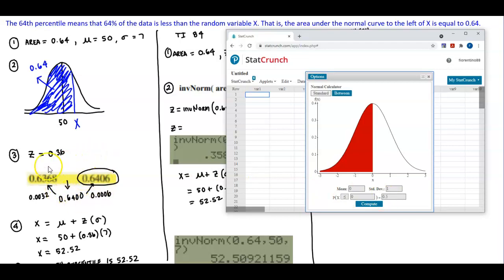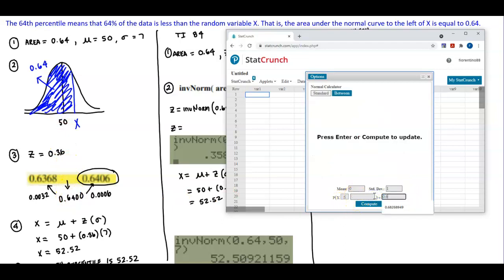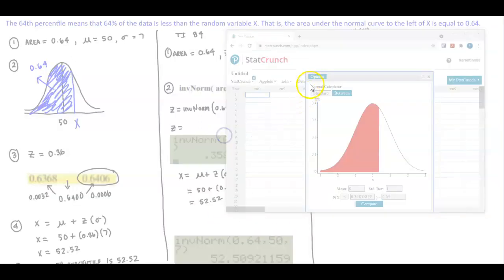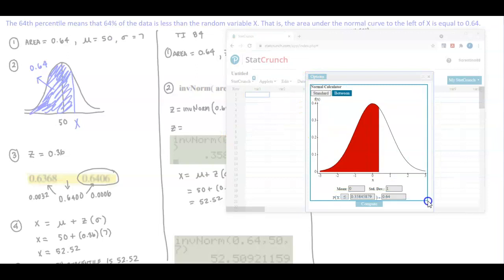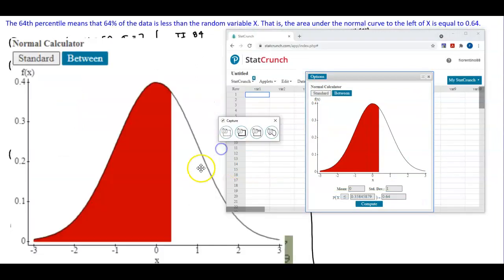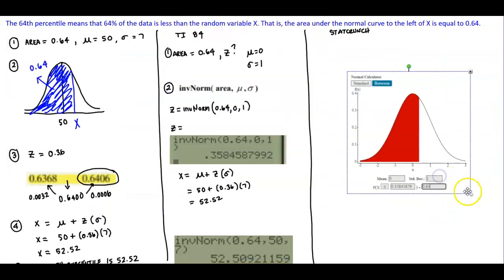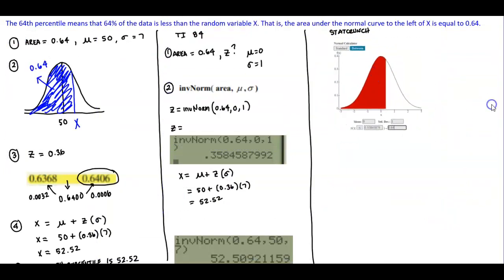The area we use is 0.64, and then you should see that we get the z-score of 0.36. Again, this gives us our z-score of 0.36.